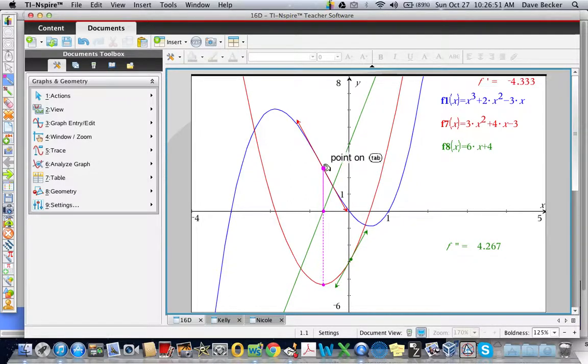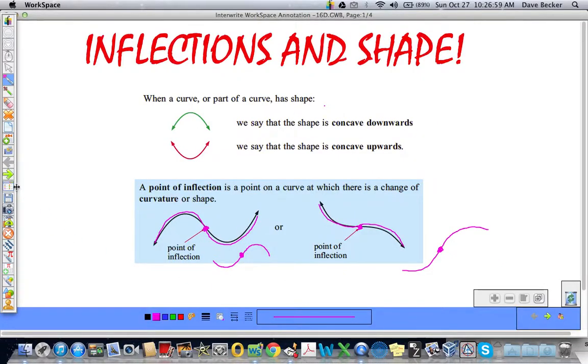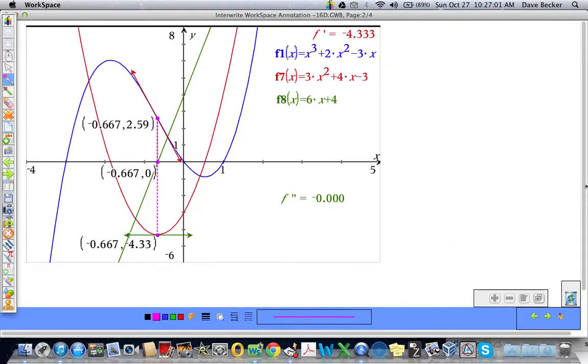Okay? So, what have we learned? And if you need to go back, go ahead and go back. What we have learned is that when the second derivative is less than or equal to 0, then f is concave down. When the second derivative is negative, the shape of the function is concave down.